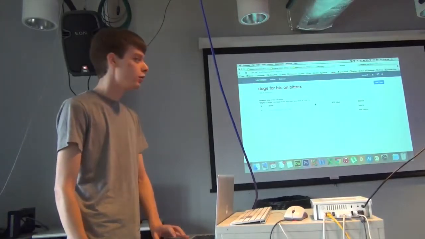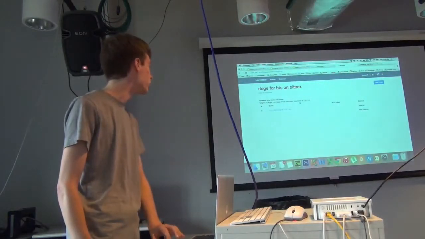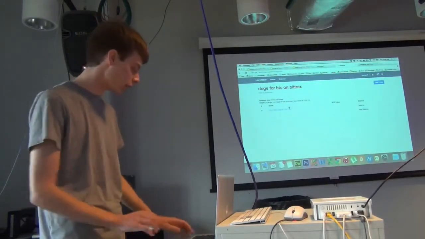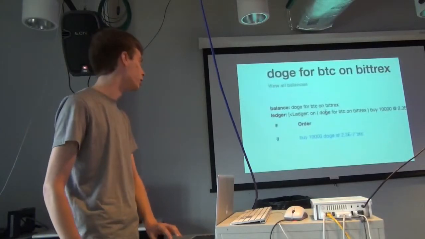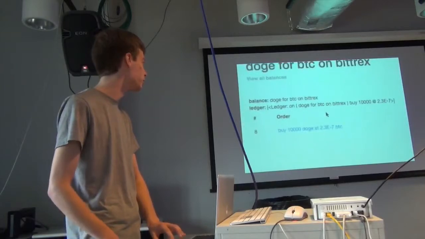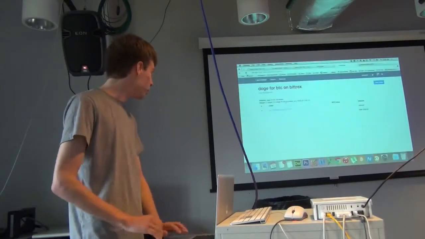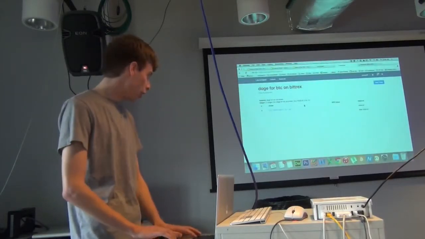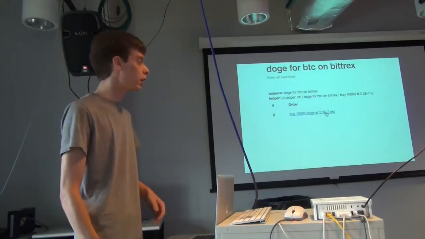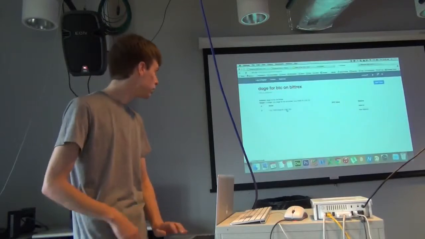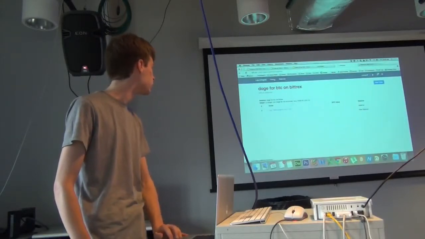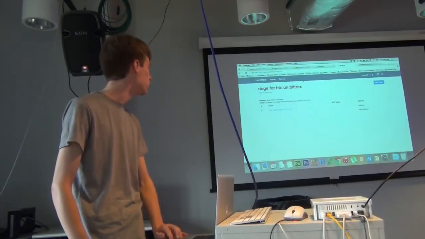You can see it shows up. I don't have that much set up right now. I just barely got this working. You can see I'm outputting some code just so I know what I'm actually doing. But the order goes through. It shows up as a buy on this balance, and that's really about it for this page.